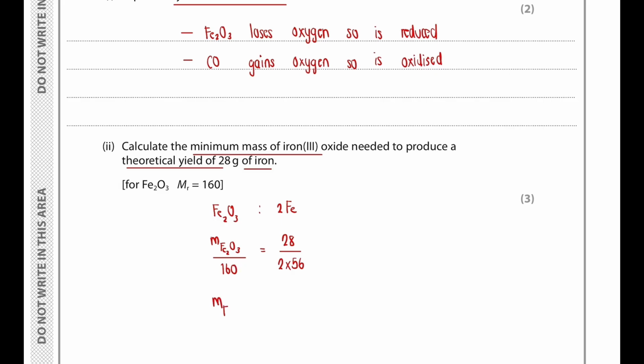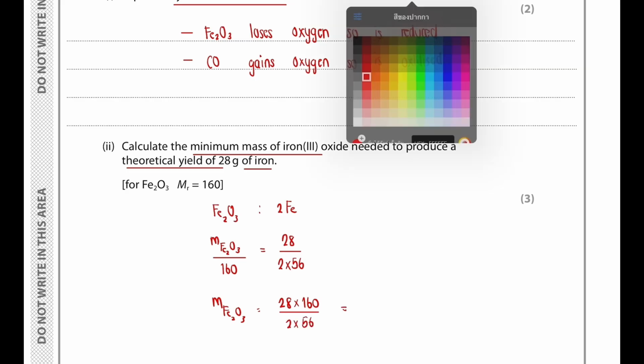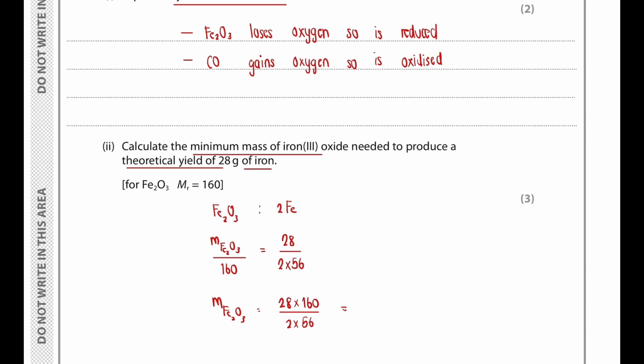So mass of iron oxide equals 28 times 160 divided by 2 times 56. So 28 and 56 cancel, equal to 2. And then 160 divided by 4 is 40 grams.